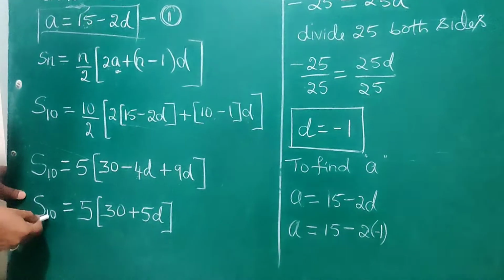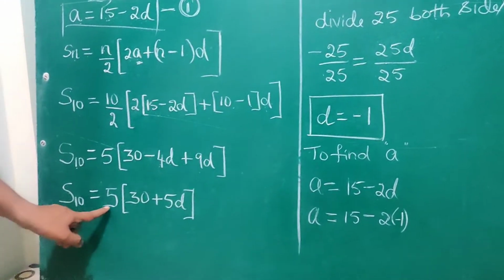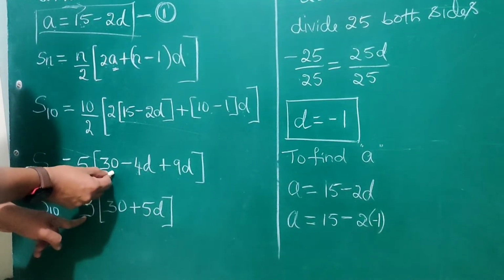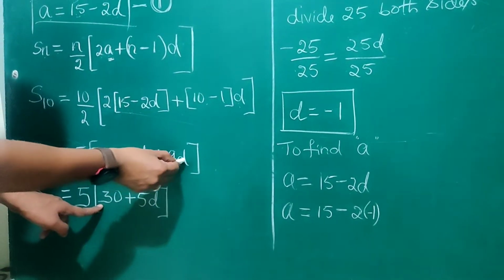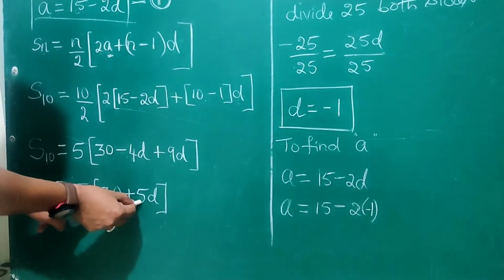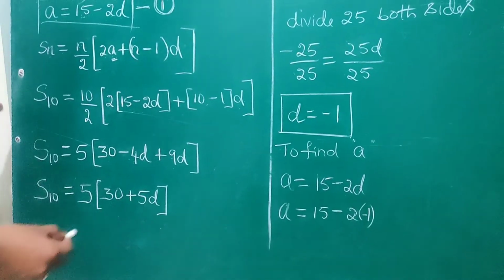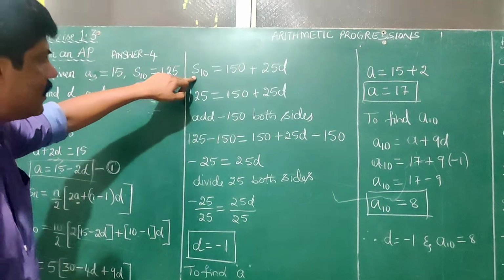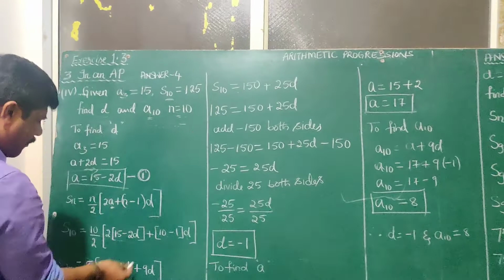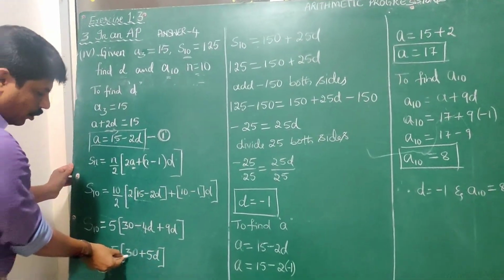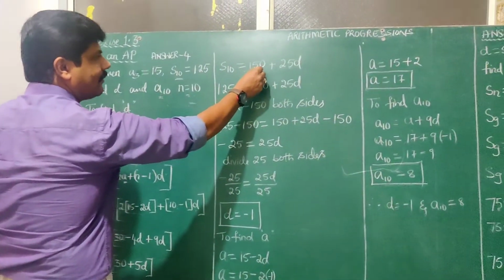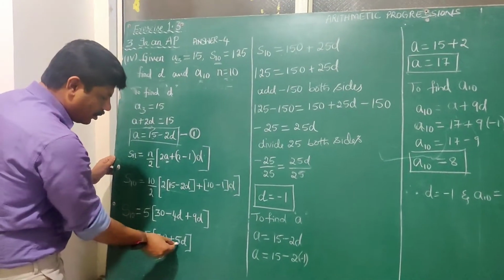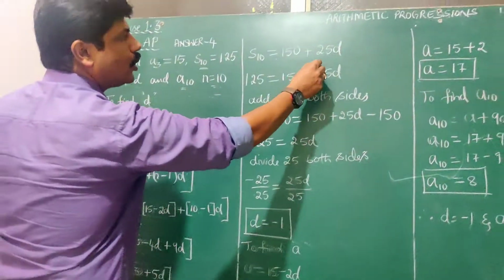The next step, S10 is equal to 5 into 30, keep as it is, minus 4D plus 9D is plus 5D. In the next step, S10 is equal to multiply 5 with 30 plus 5D, so that 5 times 30 is 150 and 5 into 5D is 25D.